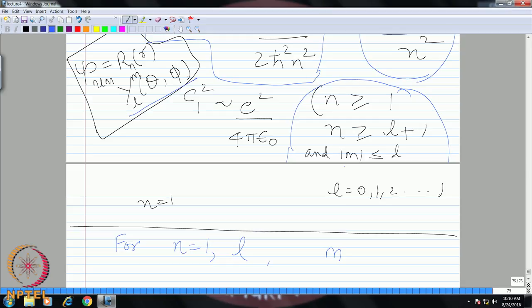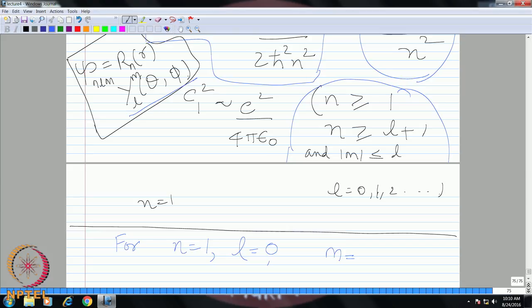The magnitude of m should be less than or equal to L. In this case, if n equal to 1, the value of L should be 0. n should be greater than or equal to L plus 1, so if L equal to 0, then n is greater than or equal to 1, which satisfies the condition.